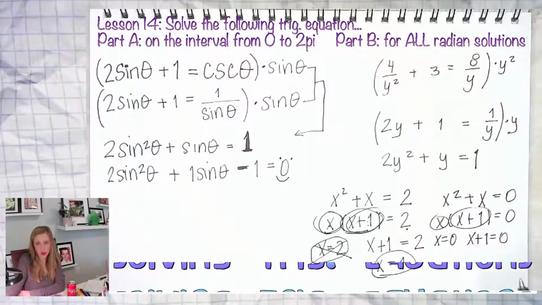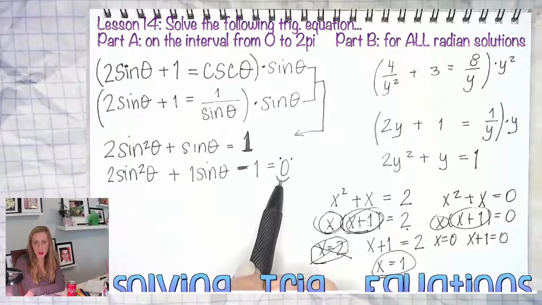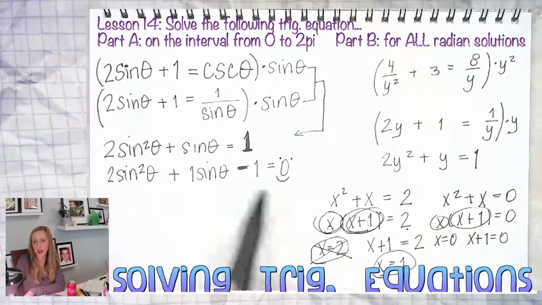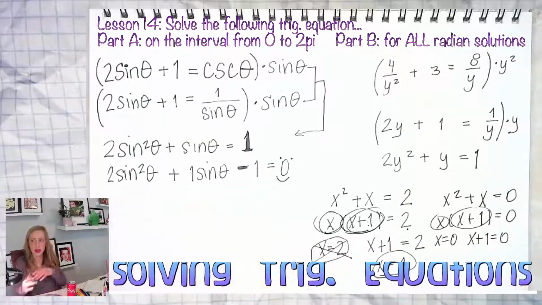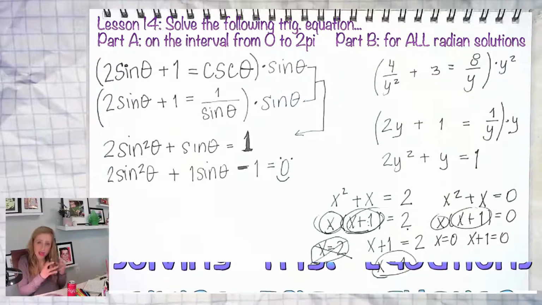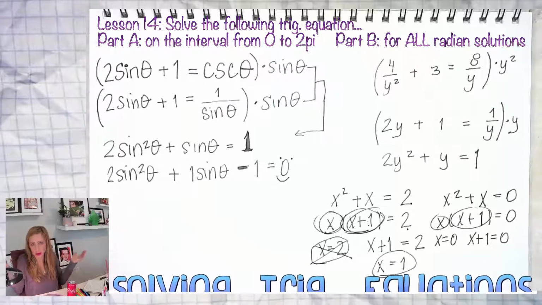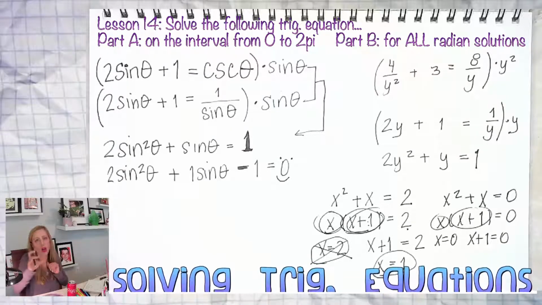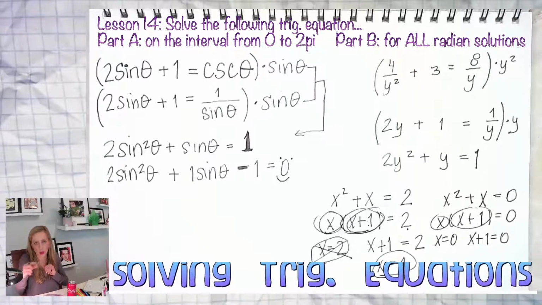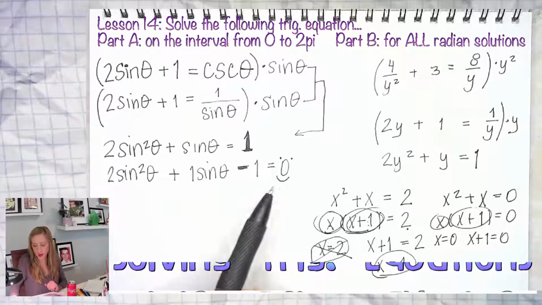Maybe, but you want to get it equal to 0. The name of the property is the zero product property. When we're solving anything written as a product of many factors, if it's equal to 0, each of those factors can equal 0. That's what gets us all of our solutions. So it's really important that we get it equal to 0 first.